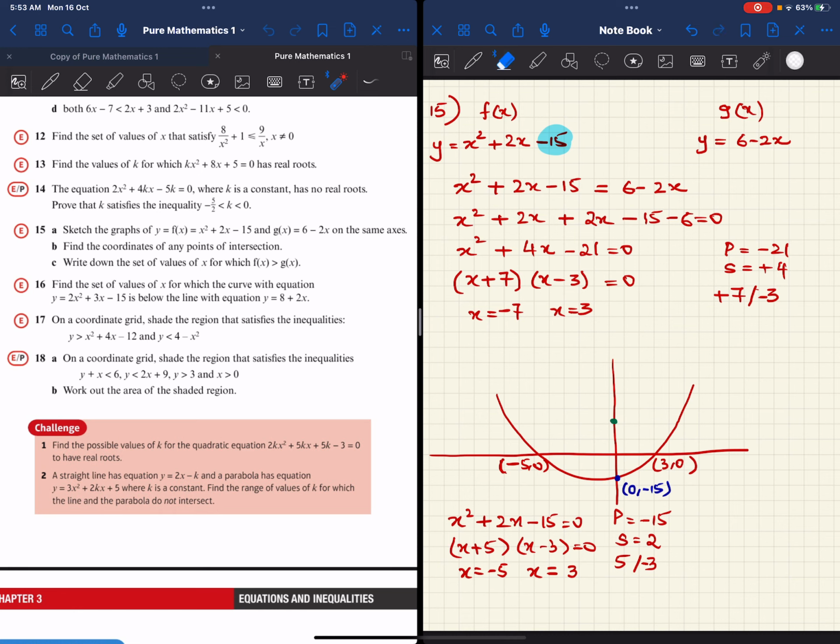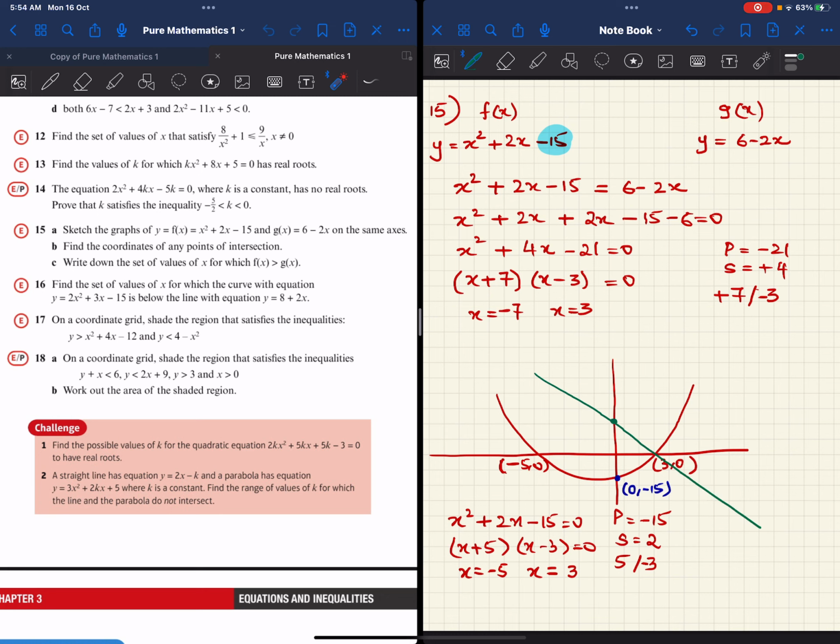And the line also crosses through x is equal to 3, because the two graphs meet at x is equal to 3. Which means my graph of the straight line and the graph of the curve both pass from here. That's why they have x is equal to 3 as their meeting point. So I'll make the line pass through 3.